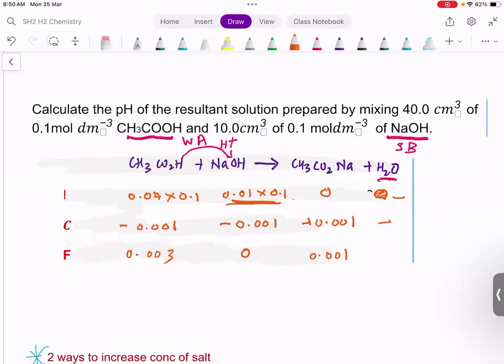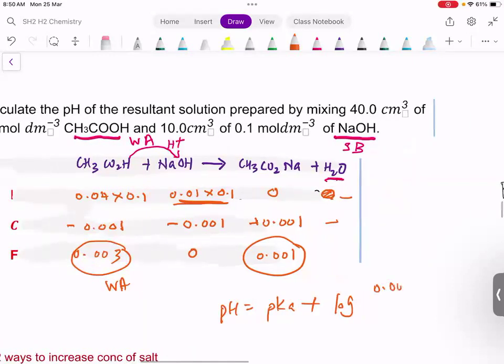It's an acidic buffer, because we have the weak acid together with its conjugate base. So if it's an acidic buffer, what expression do I use to calculate its pH? pH equals pKa plus logarithm of your salt over weak acid. Salt is 0.001, weak acid 0.003. No need to convert the concentration because they are in the same total volume of 50 cm3.